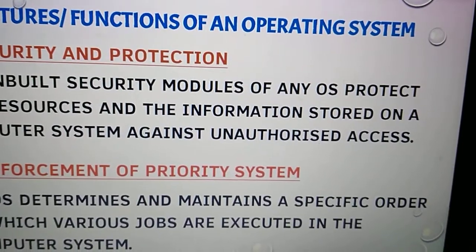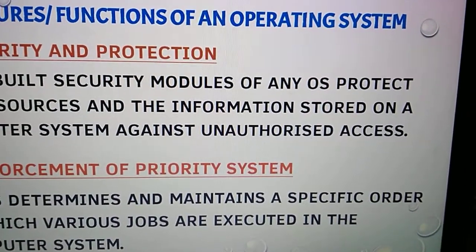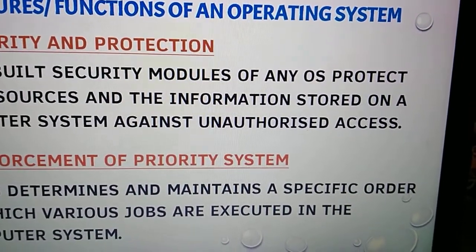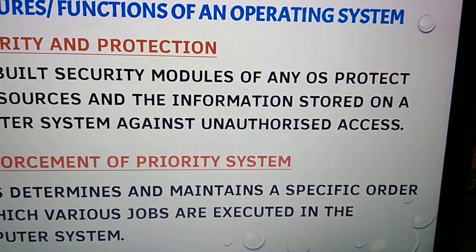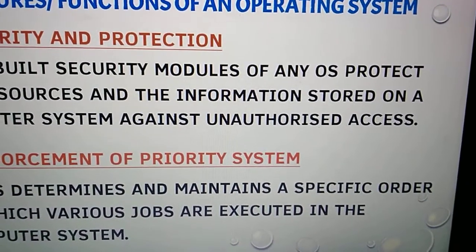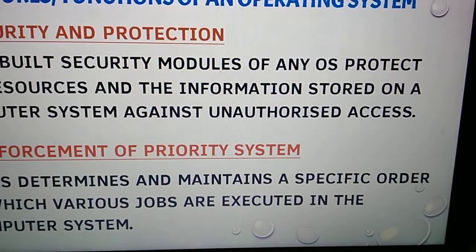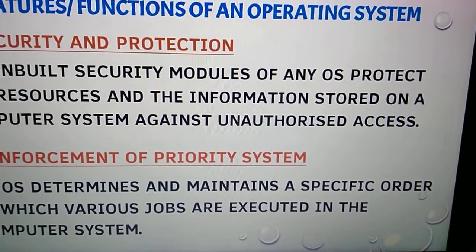Unauthorized access means access by a person who does not have permission to access your system. Your parents can also access it, because they know it's your system and they know the username and password. But if a person outside of your house is trying to access the system, the OS protects us from that unauthorized access.